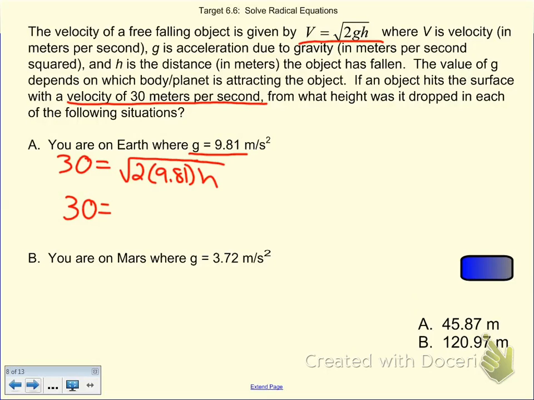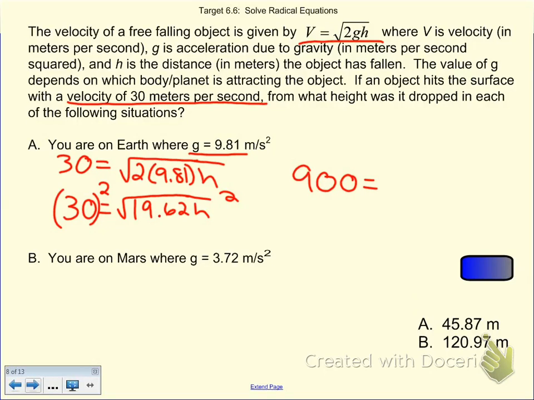So we get 30 equals 2 times 9.81, which gives us an answer of 19.62. Oop, not a 2, 6.2. h. And because this is being square rooted, we want to do the inverse operation of that, which means square it. So now on the left-hand side, we're left with 900.